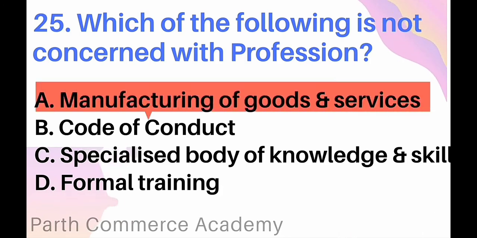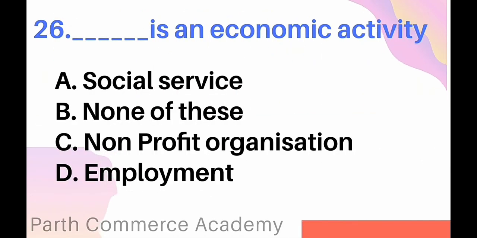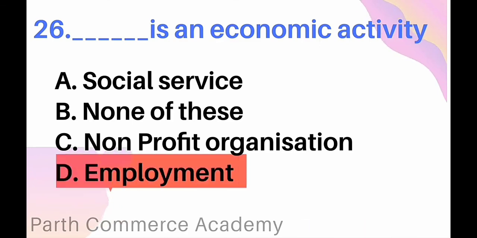So the correct answer is option A, manufacturing of goods and services. Next is, dash is an economic activity: social service, none of these, non-profit organization, and employment. So social service is not an economic activity, non-profit organization is also not part of it. So the correct answer is employment, which is an economic activity.